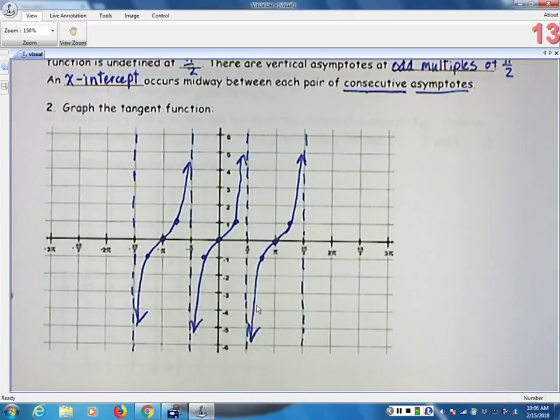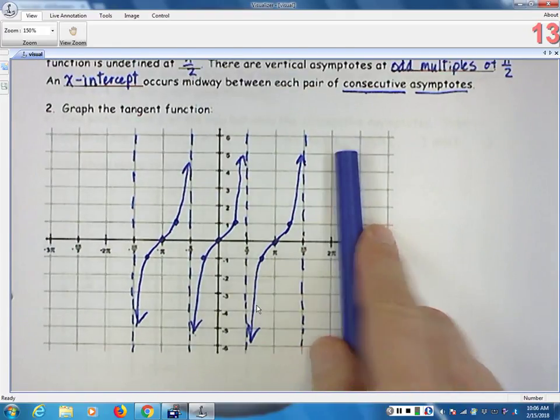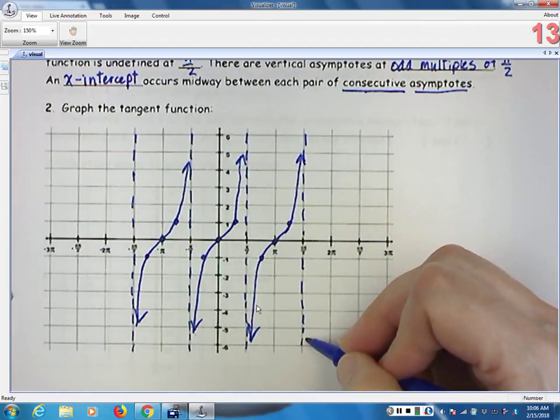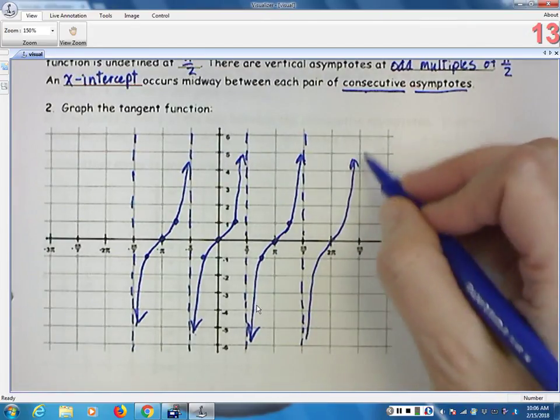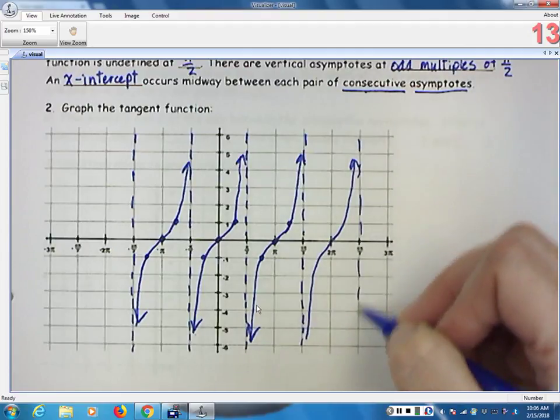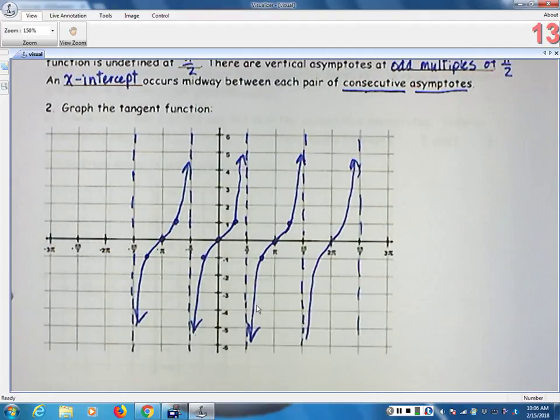And it keeps repeating. There's another one here, and another one here. Got it? So that's the tangent function.